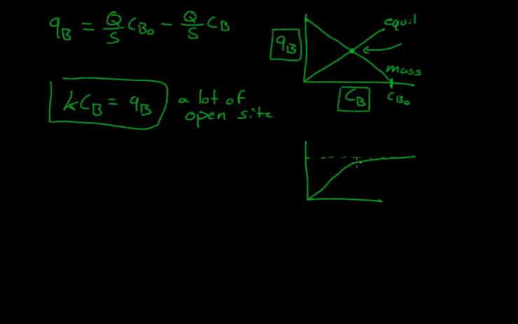And how we get that is we go back to our original equation where we have KEQ is equal to QB all over CB times open sites.